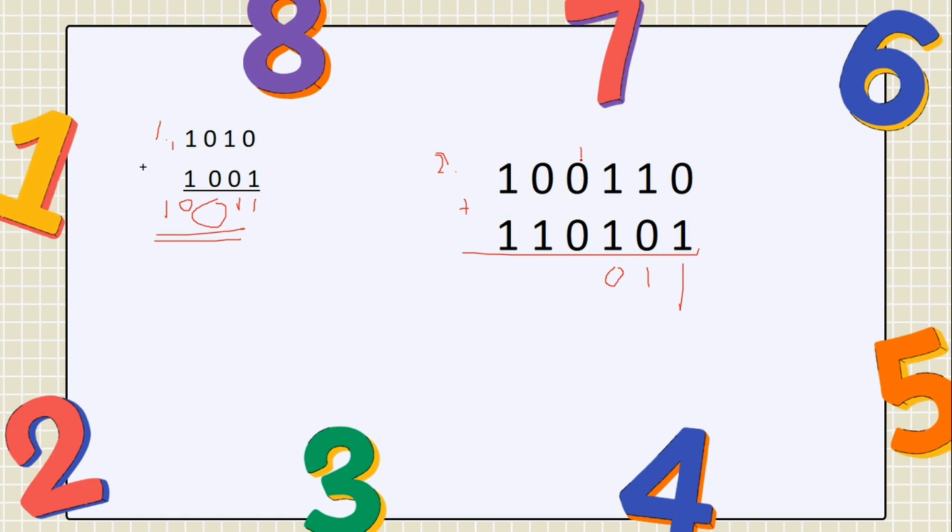So 1 plus 0 equals 1. Then 1 plus 0 is 1. 0 plus 1 is 1. Then 1 plus 1, bring down 0, carry 1, then bring down the number 1. This is the answer for the addition of two binary numbers.